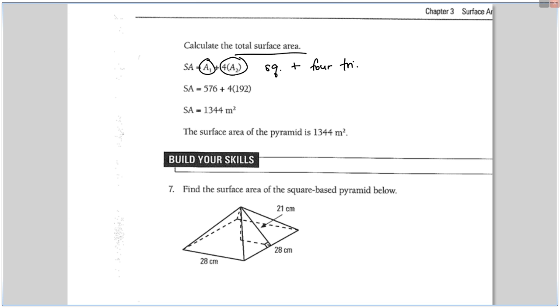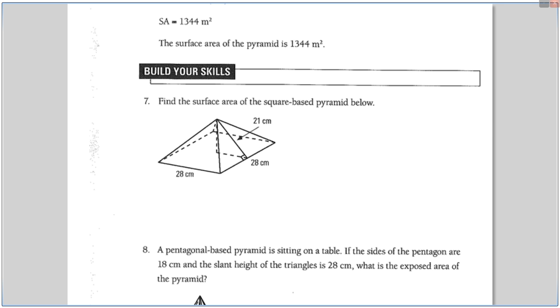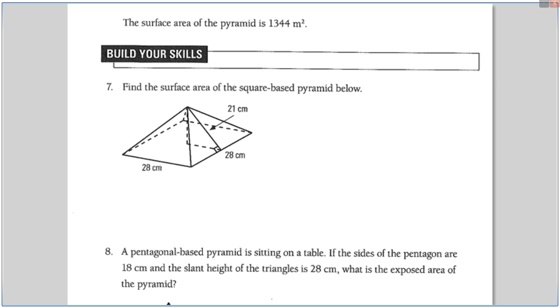So here we go. Let's take a look at number 7. Okay, so for this pyramid, the surface area formula would be the area of a square plus the area of 4 triangles. Okay?